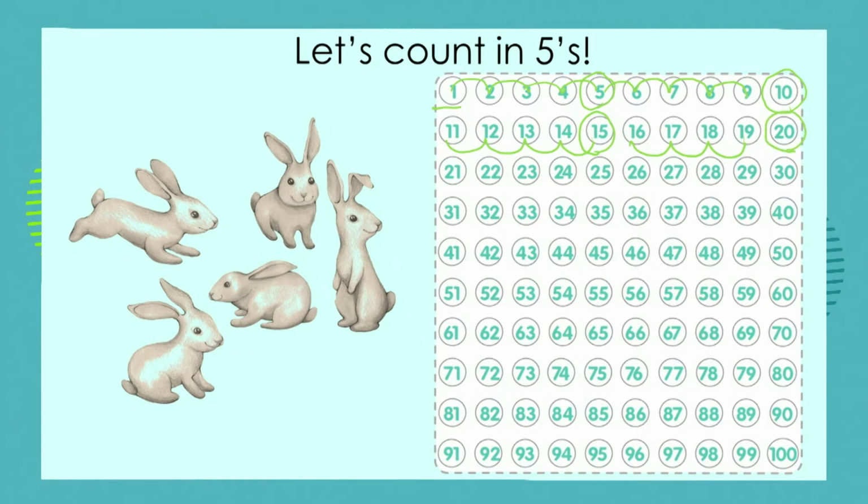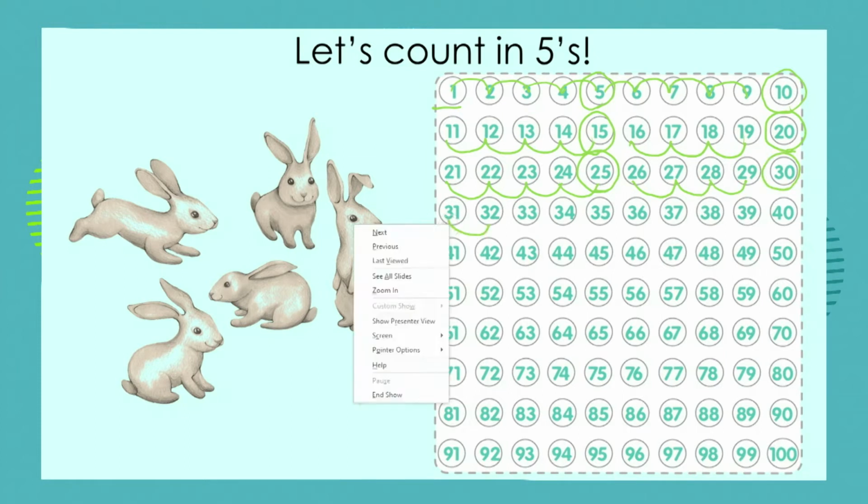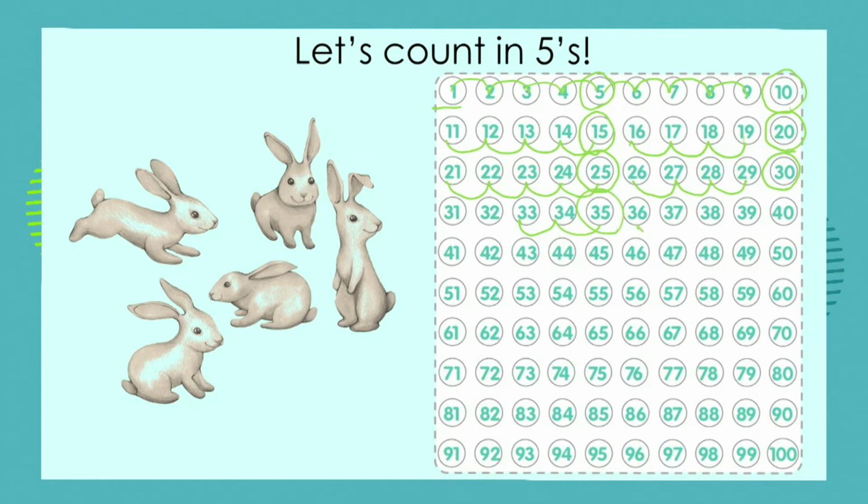We are going to carry on counting until we get to 50. So we have 21, 22, 23, 24, 25. That's our next 5. And let's count 5 more. 26, 27, 28, 29, 30, 31, 32, 33, 34, 35, 36, 37, 38, 39, 40.